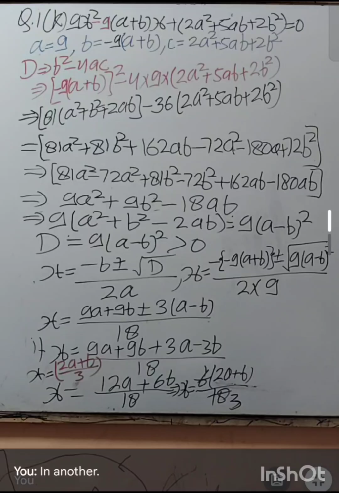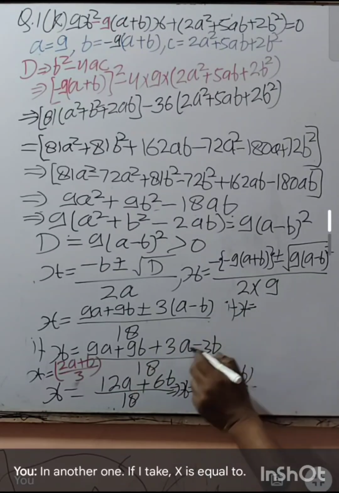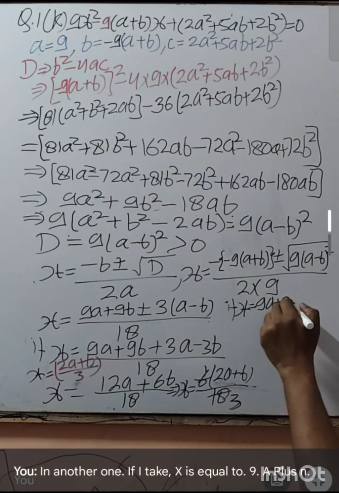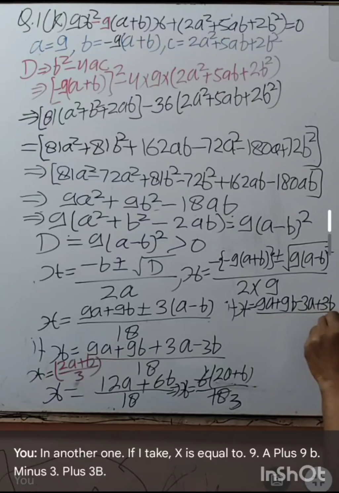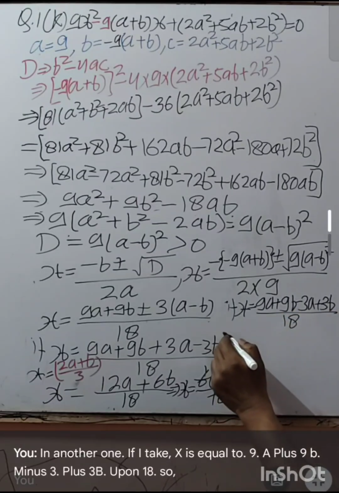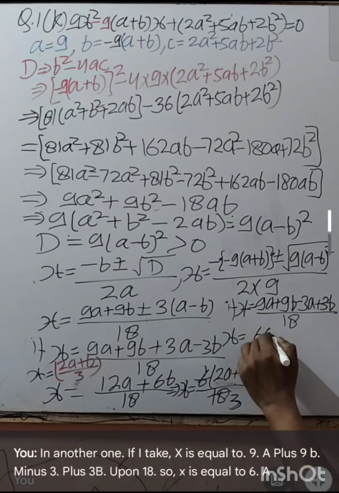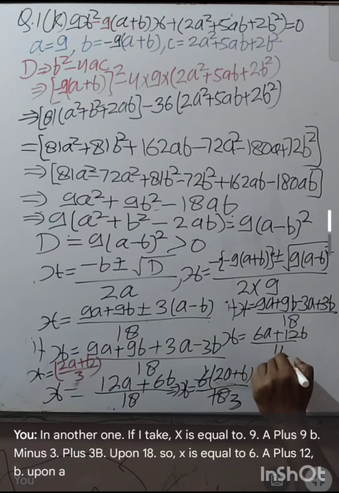In another one, if x is equal to 9a plus 9b minus 3a plus 3b upon 18. So x is equal to 6a plus 12b upon 18.